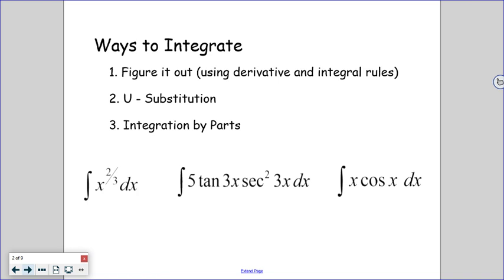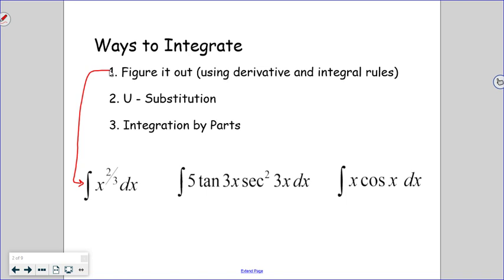To anti-differentiate that, it's very easy to think backwards through your power rule, right? Sometimes we can just look at the function that's in the integral and figure it out. Not a lot of technique to that, just using what we know about derivatives, how those work, thinking backwards through that.